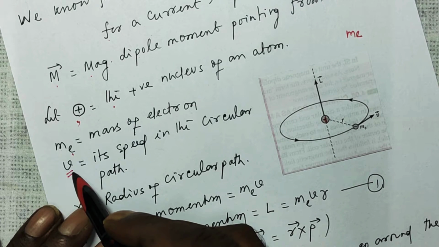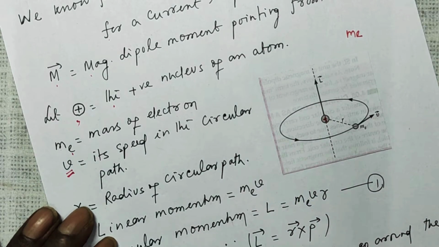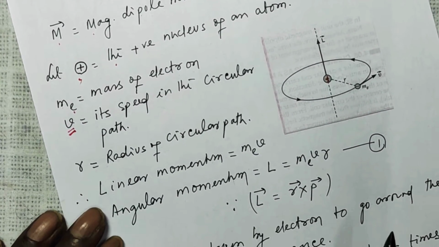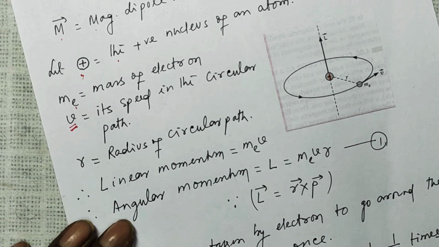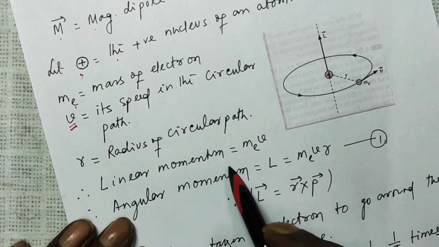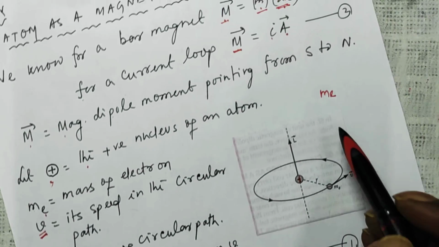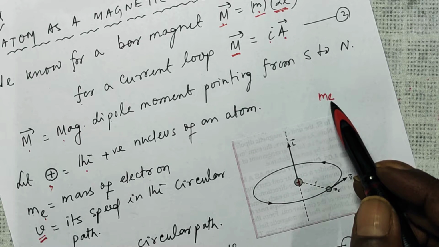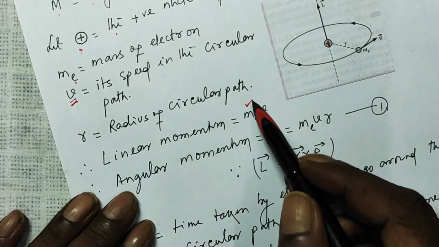This is the magnitude of the velocity, moving at constant speed in a circular path. r is the radius of the circular path, and we know from kinematics, linear momentum is mass into velocity. Since I have taken the symbol m with a subscript e as the mass of the electron, the linear momentum will be mass into its velocity.